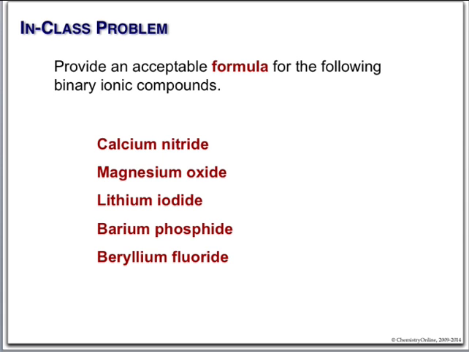Now what you have to do is to think about the cation first. Find it on the periodic table. See what its charge is going to be. Then you look at the anion. Find it on the periodic table. See what its charge is going to be. Then you must come up with a ratio so they're neutral.